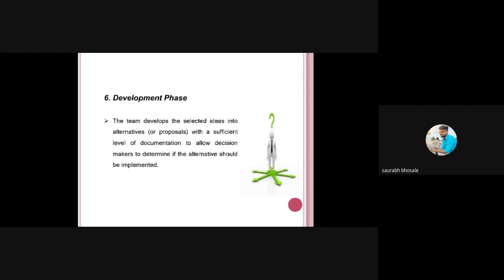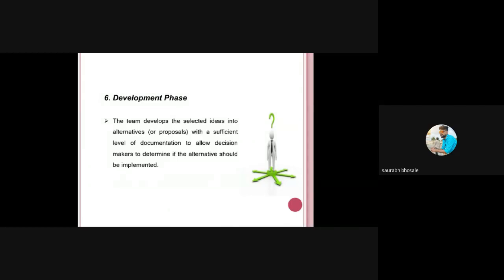So next, that is the development phase. The team develops the selected ideas into alternatives or proposals with a sufficient level of documentation to allow decision makers to determine if the alternative should be implemented.